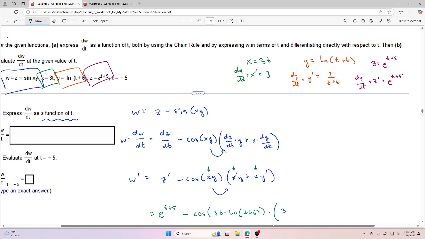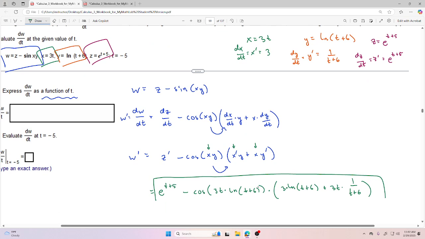Y. No, we're done here. Well, yes. Eventually, we need a number, but the calculus side is done. X. There it is. 3t. And then I have a y prime. Boom. There it is. Done. This is what you type in that box. We're done. As in done.